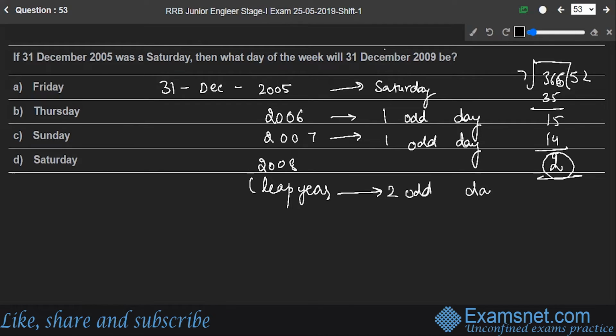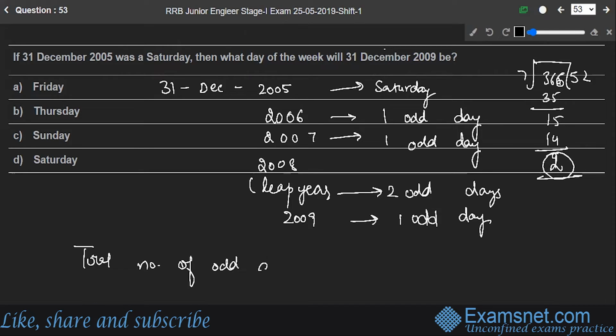Next again, I have 2009, which will have one odd day. So the total number of odd days will be 5, right? It was a Saturday, and I have reached 31 December 2009.